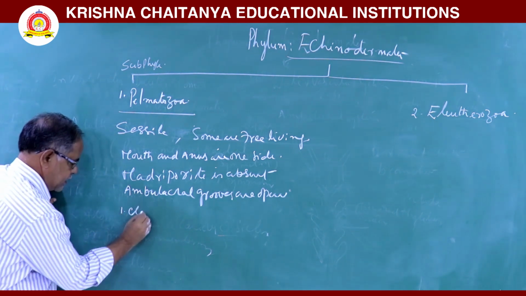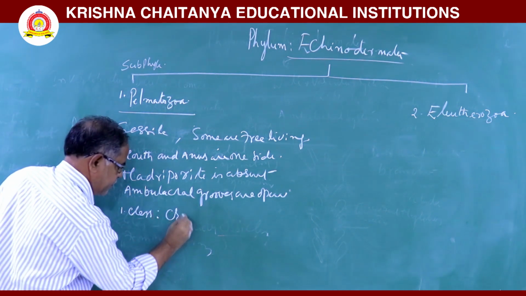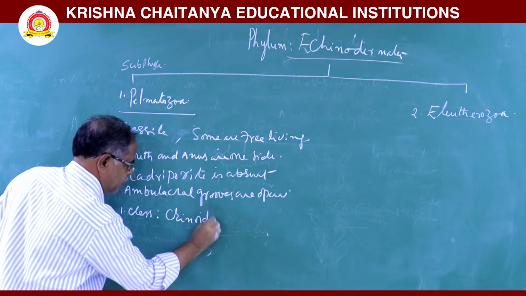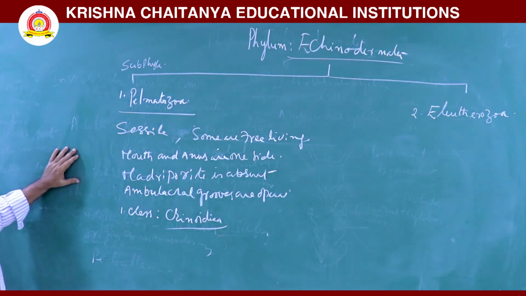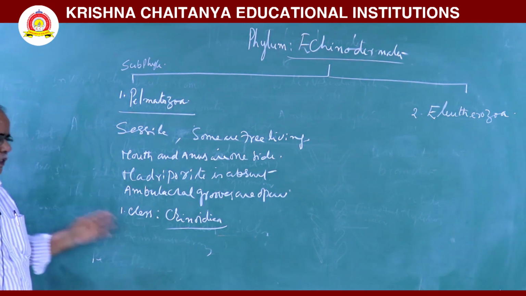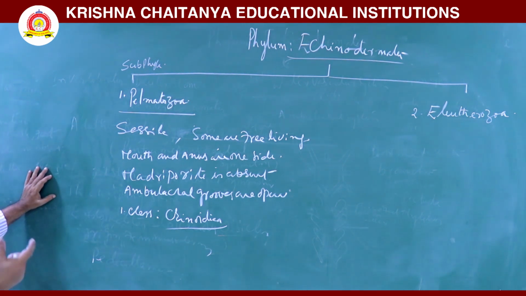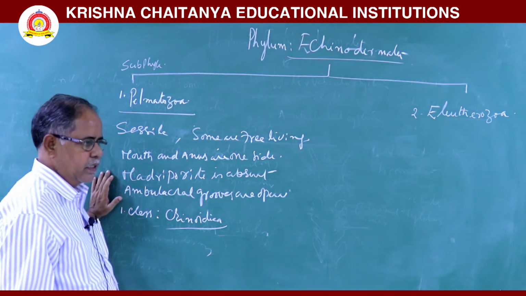This is Crinoidea. In this class, primitive echinoderms are there. They are primitive animals. Some are free living, some are sessile.